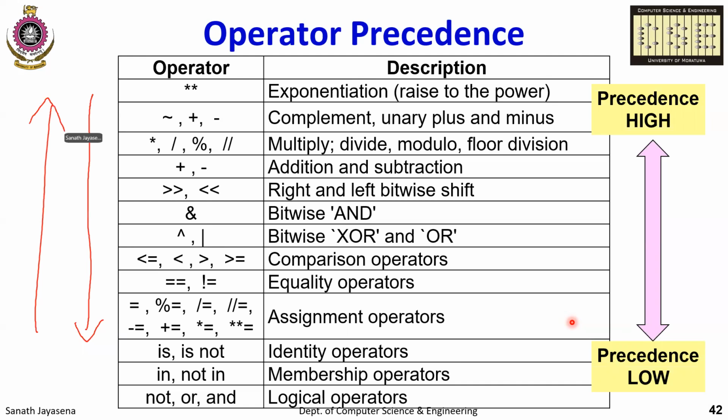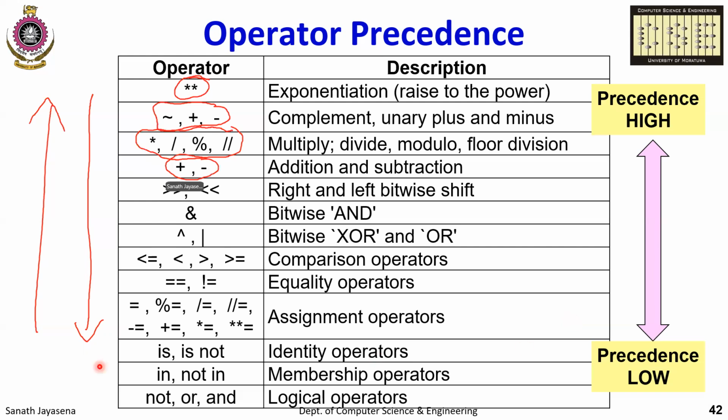For example, the highest precedence is for the exponentiation operation. Next, you get the unary plus and complement, these unary operations. For example, if you say -5, that has a fairly high precedence. Then, of course, you have various division operations, and then addition and subtraction, right?